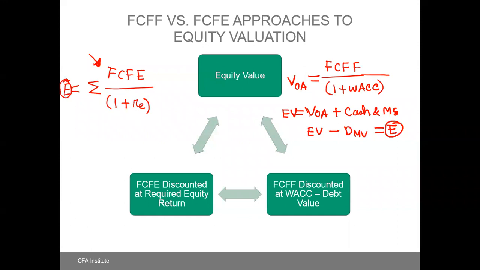Now you see there are two approaches to come to the same thing, the equity value. Now the question is, will the free cash flow to the equity and the free cash flow to the firm be available always and be easy to handle when these are available?